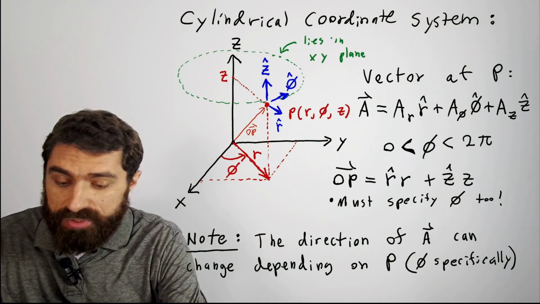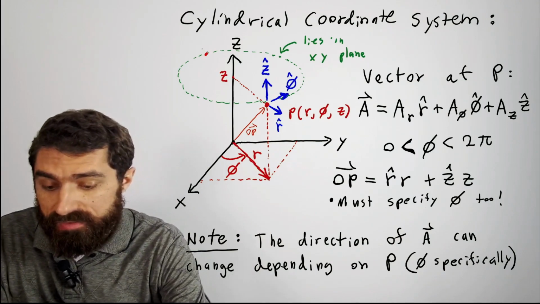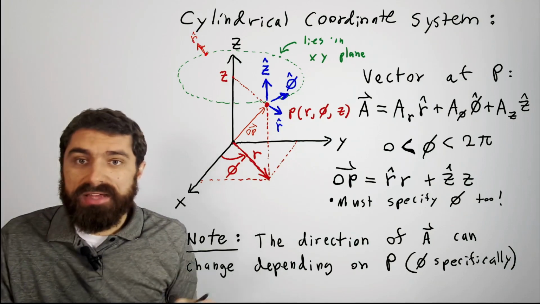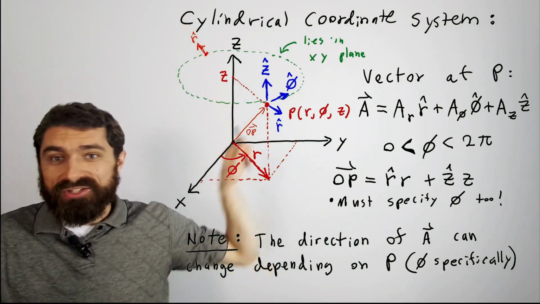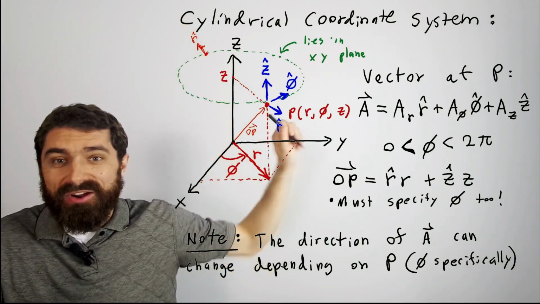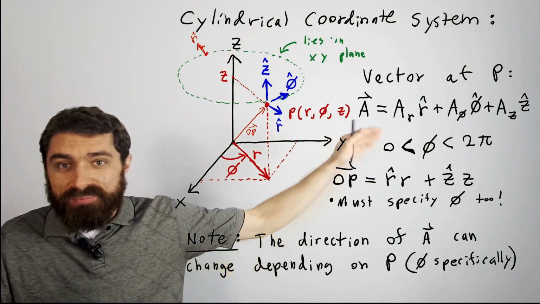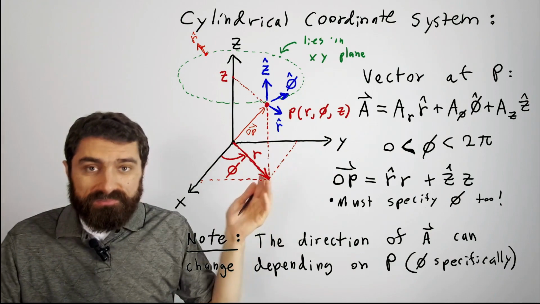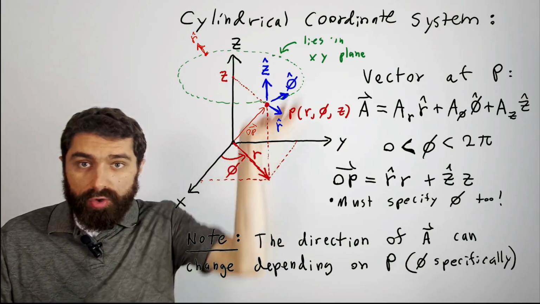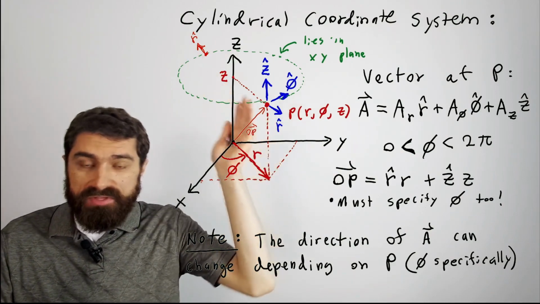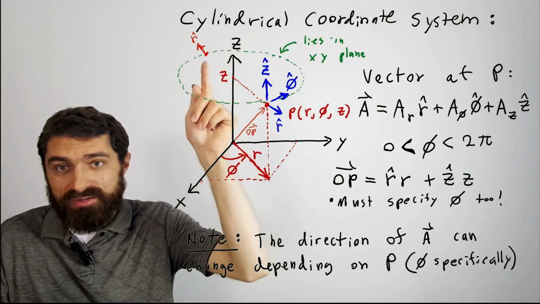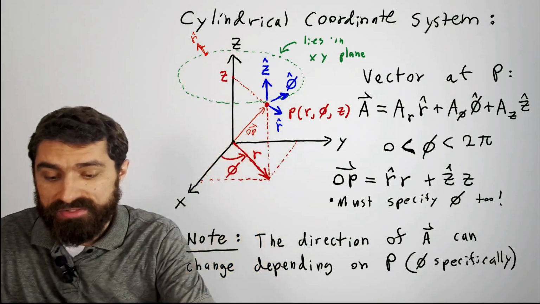But if we chose this point here, then r hat is actually in the opposite direction from what it is here. So when you're specifying a vector, the actual orientation of the vector in three-dimensional space will depend on precisely where its location is.